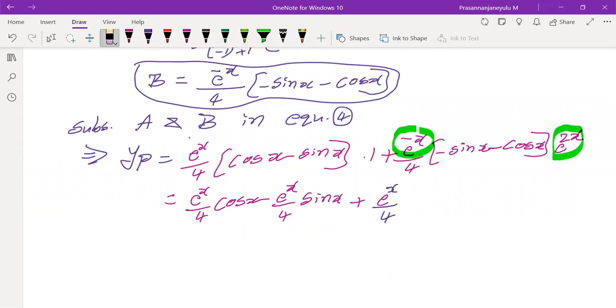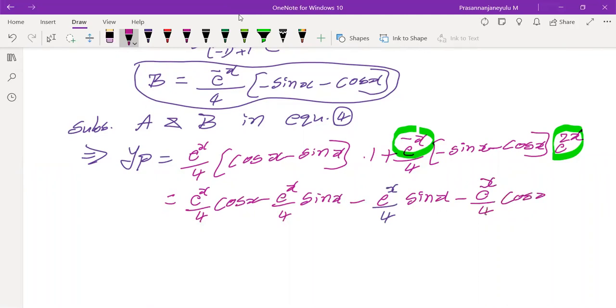It will become minus e power x by 4 into sin x minus e power x by 4 into cos x.